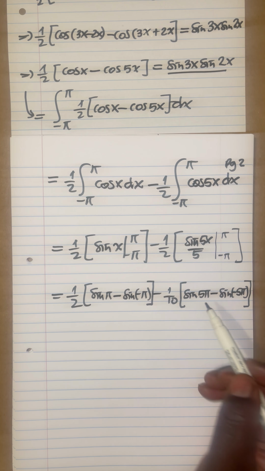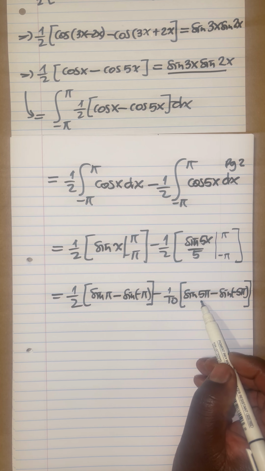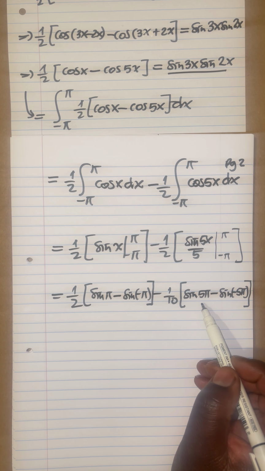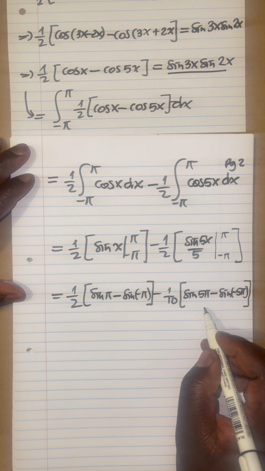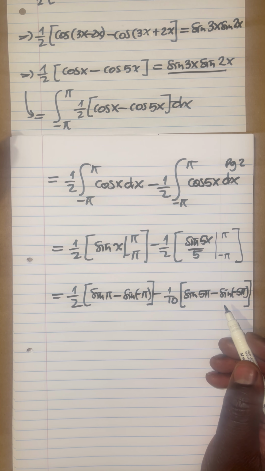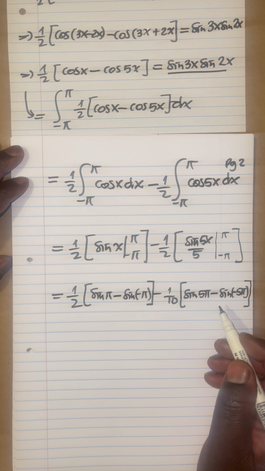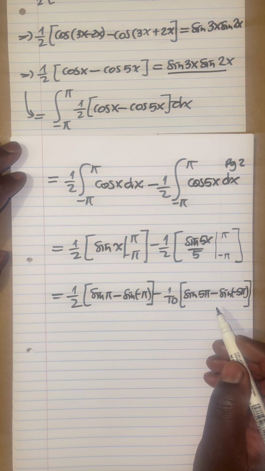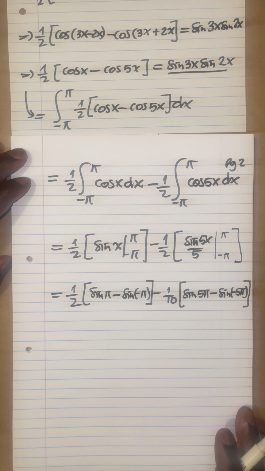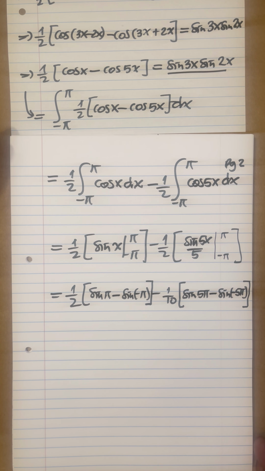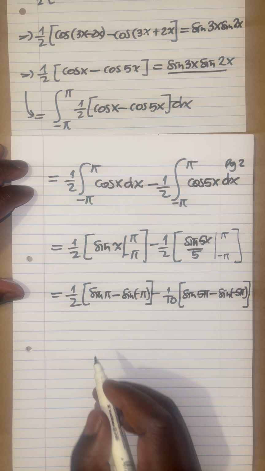Now you should recall that sine of n pi, 5 pi, 3 pi, 2 pi, the answer is 0. Because sine of pi is sine of 180 degrees, which is actually 0, or any multiple of 180. Say sine of 180 times 2, 360, it will be 0, and so on. So this is 0, and that is 0 also, and that is 0.